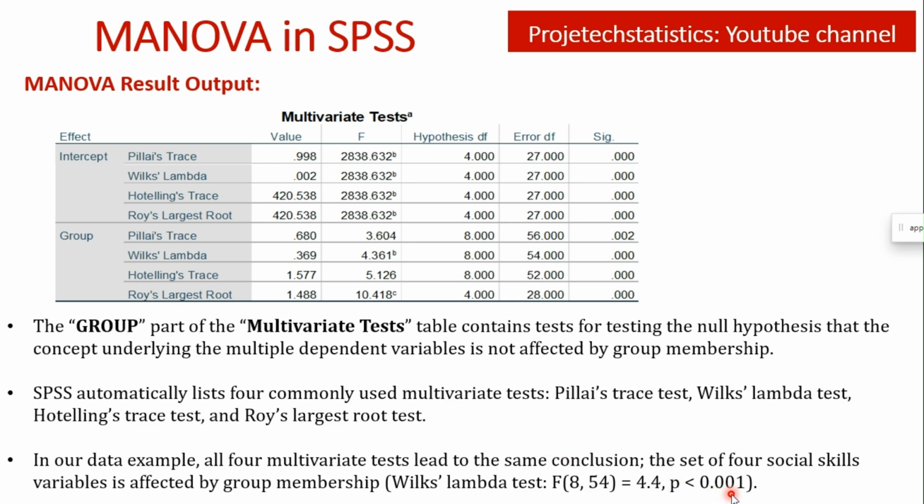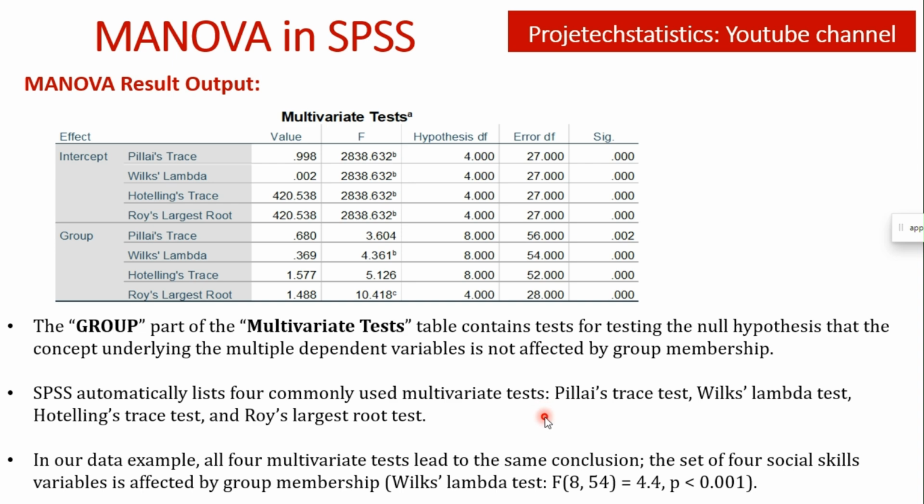Even in this case, it's less than 0.01. So we are going to reject the null hypothesis. The decision criterion states that if your p-value is less than 0.05, you reject the null hypothesis. So in this case, we reject the null hypothesis that the multiple dependent variables are not affected by group membership. What that implies is that there was an effect.